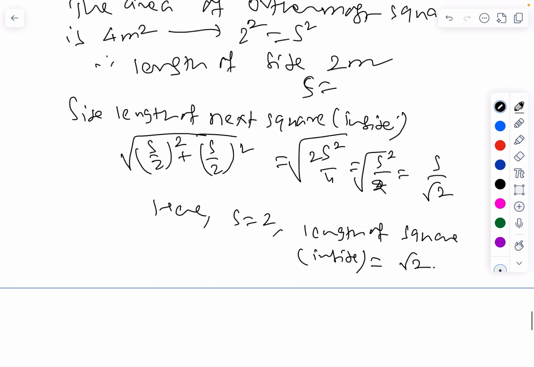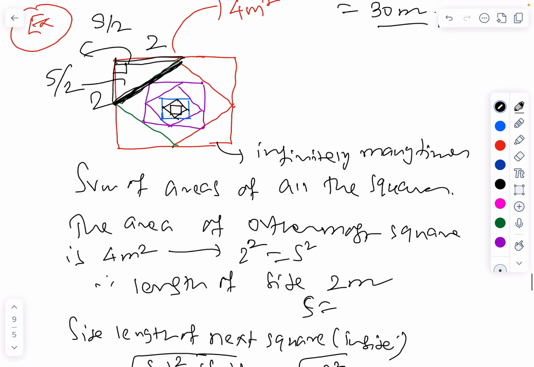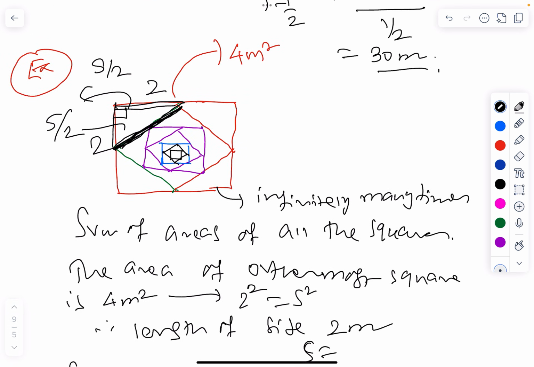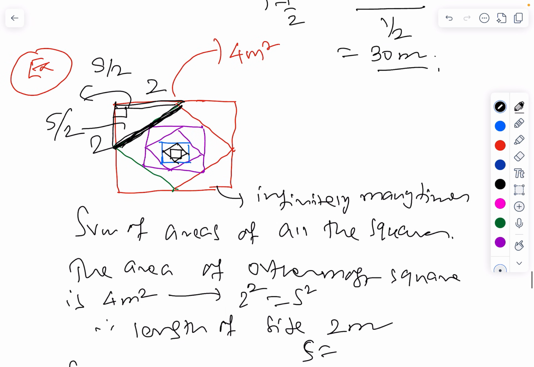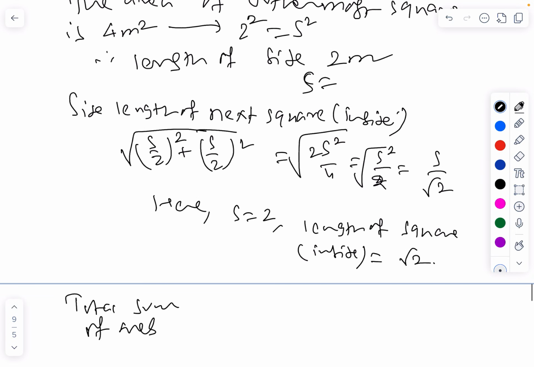So for the sum of areas, every time you will get like this. Here the area is 4, so length 2. Then the length is root 2, so the area of that square is 2.